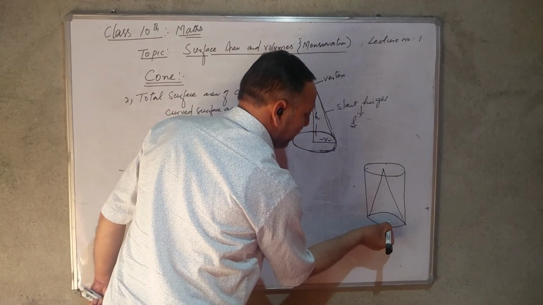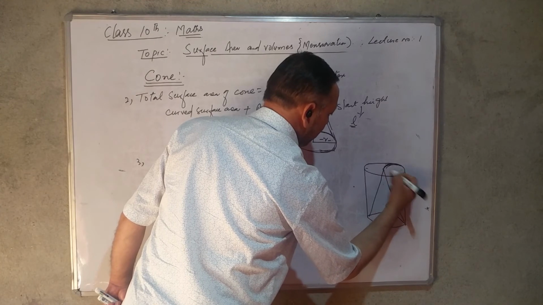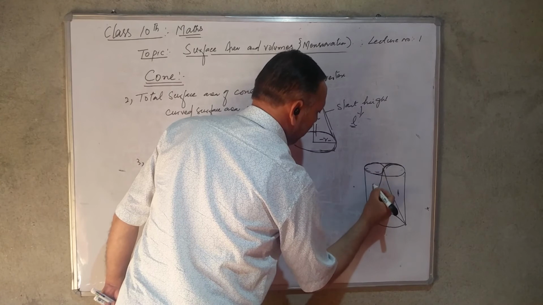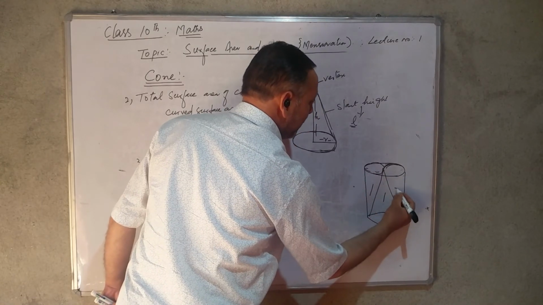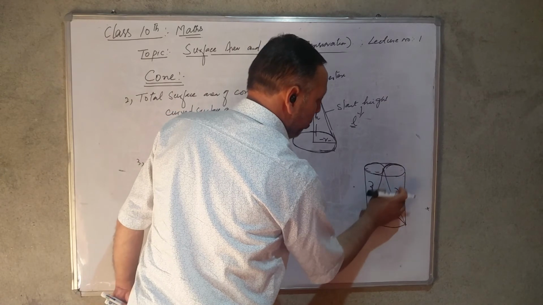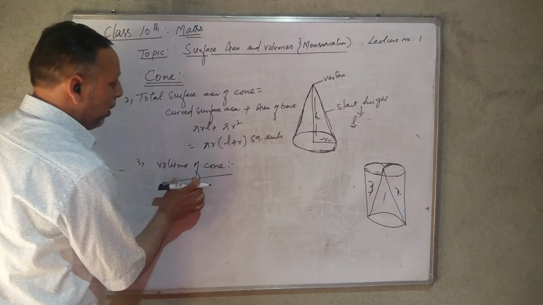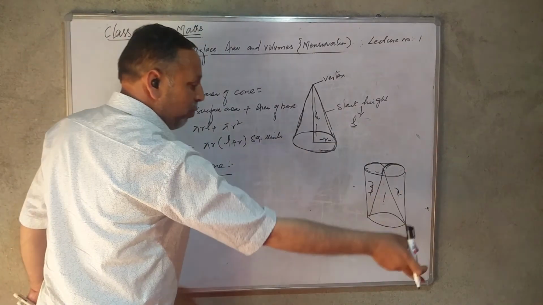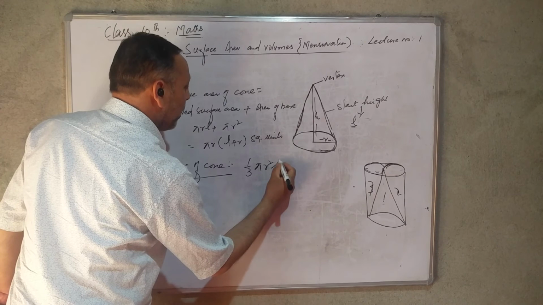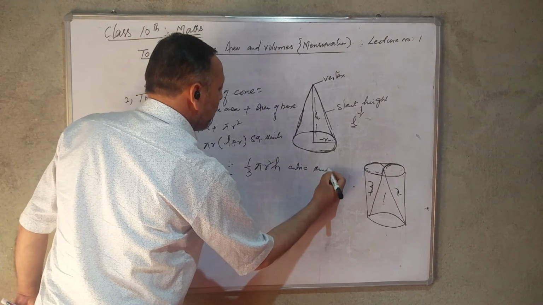This is the first cone inside the cylinder, this is the second cone, and this is the third cone. The cylinder is believed to consist of 3 cones. It is therefore said that volume of cone is 1/3 the volume of cylinder. So it is 1/3 pi r square h cubic units.